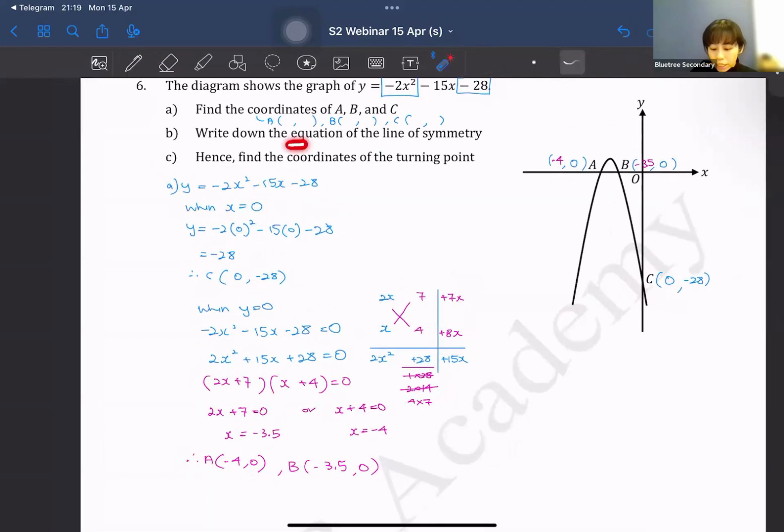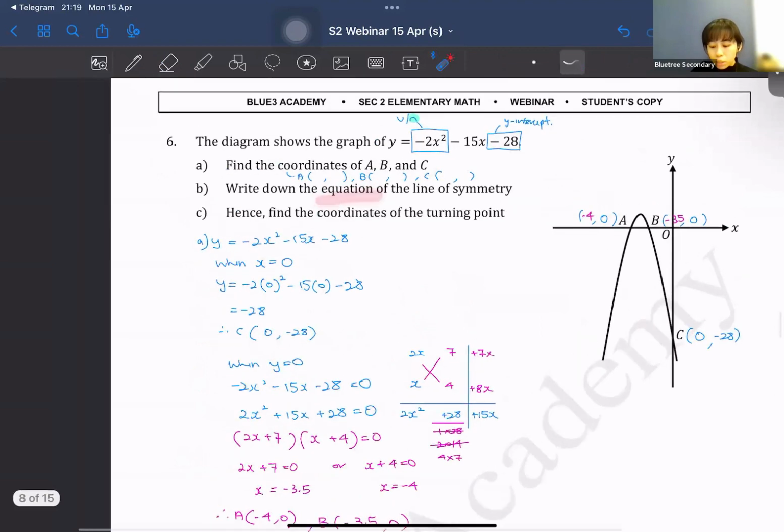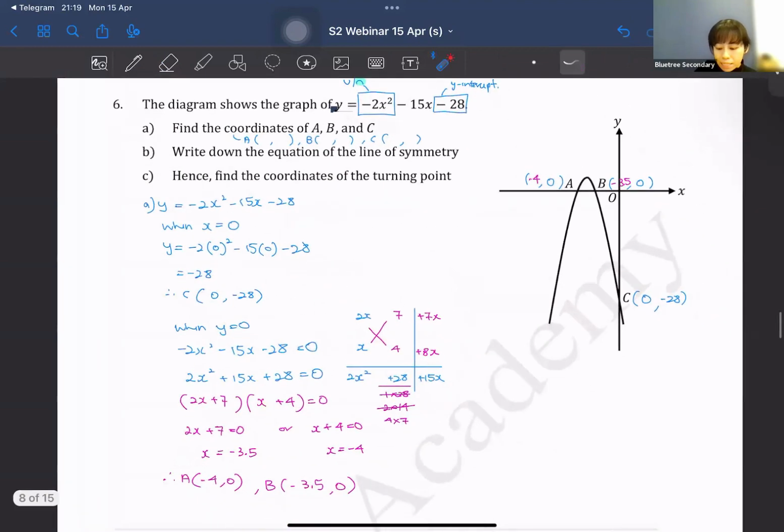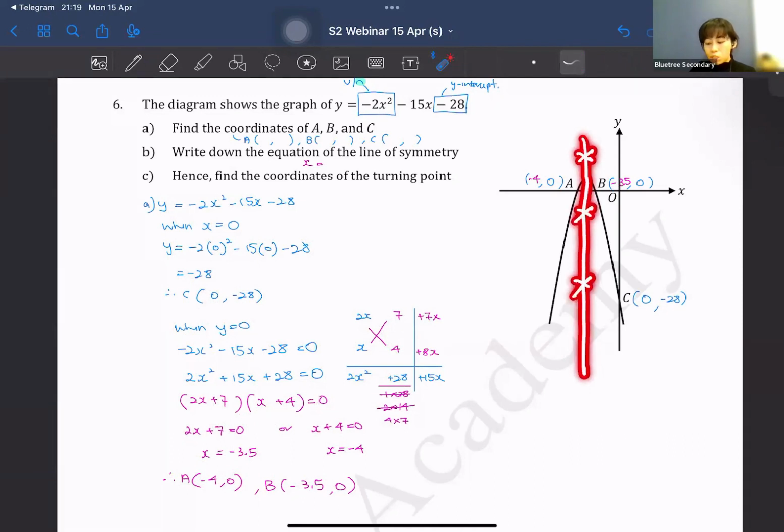If we are looking for an equation, essentially a line of symmetry, we are always looking for the form x equals to something. Because a line of symmetry is essentially a vertical line. So in a vertical line, any point on that line, regardless of where I am, is always x equals to that particular value. The x doesn't change, which is why it's x equals to a number.